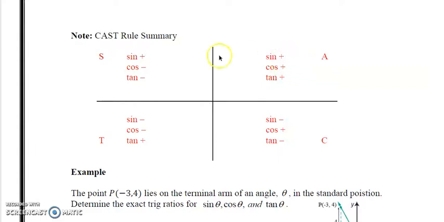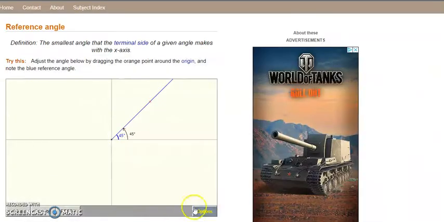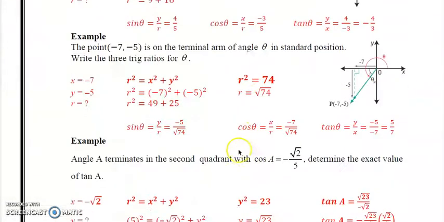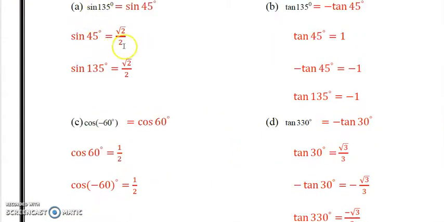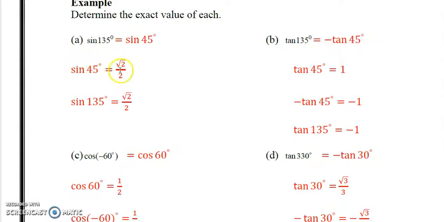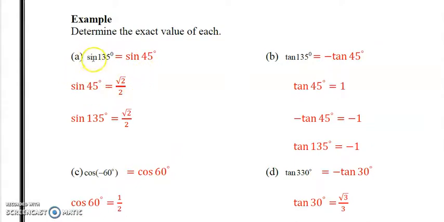So the sine of 45 and the sine of 135 are actually equivalent. They're equal to the same thing. So when you're asked to express the sine of 135 as an exact value, it's equivalent to the sine of 45 because of that CAST rule. Remember, in the second quadrant, your sine is positive.